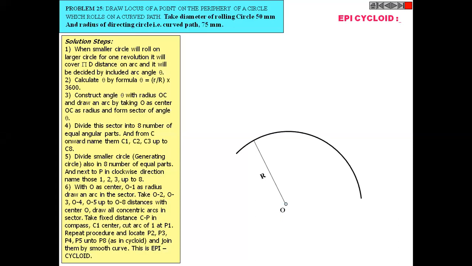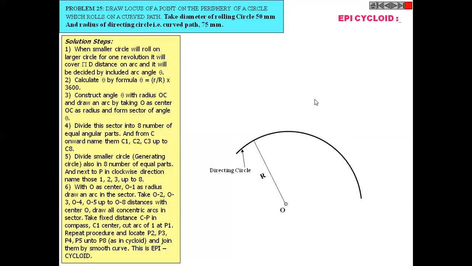Again, I am repeating: whenever a circle rolls on the circumference of another circle, but on the outside, suppose consider this is one circle, and another circle travels on the outside of it, then the generated curve is known as epicycloid.